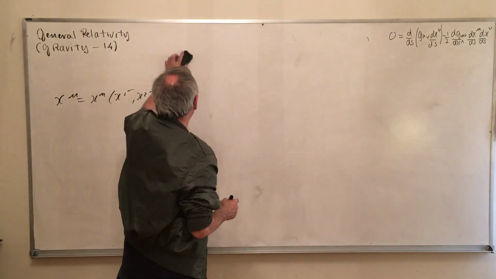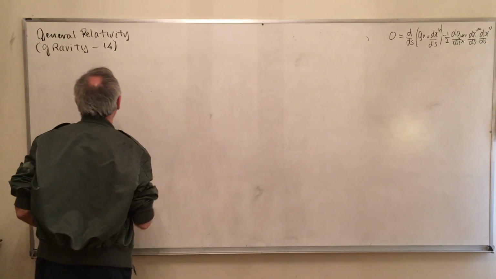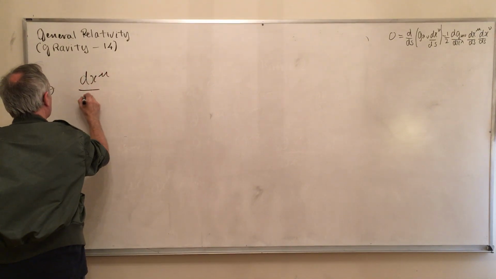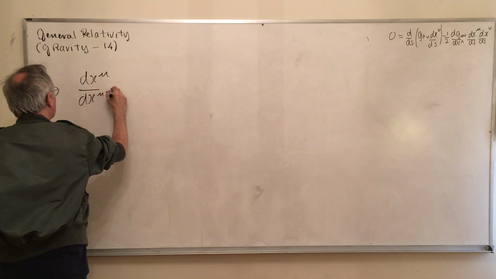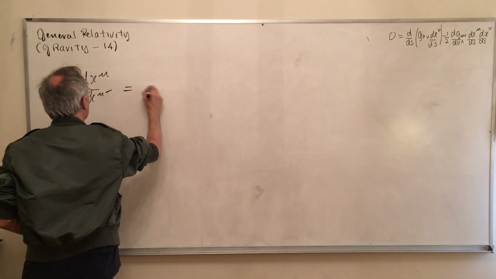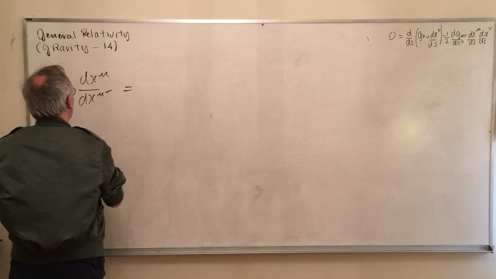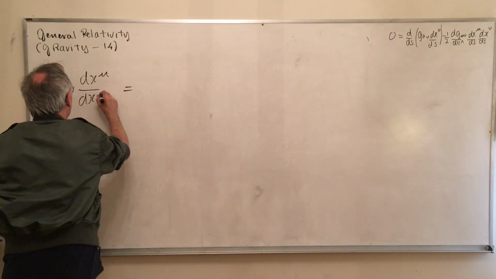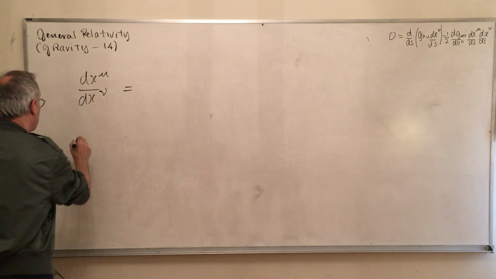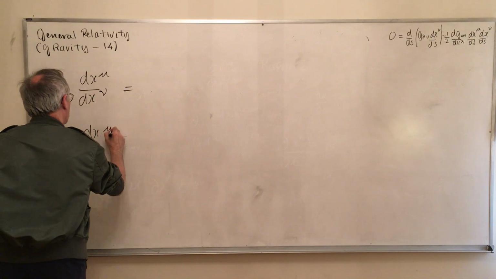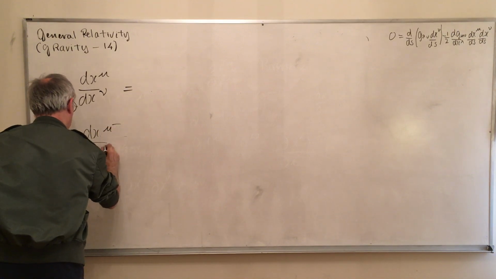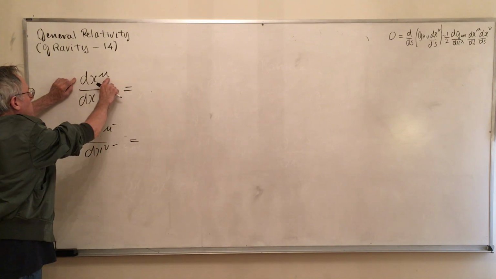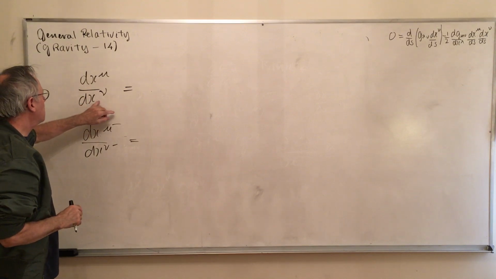All right, so let's look now at what we can do with the metric tensor. Taking those functions, let's look at dx mu over dx nu. Well, these functions are only functions of the x mu's.